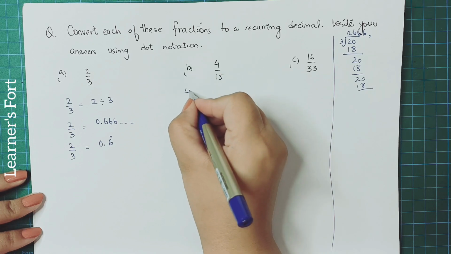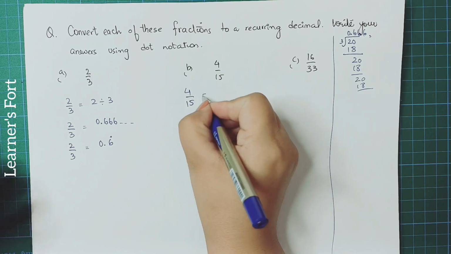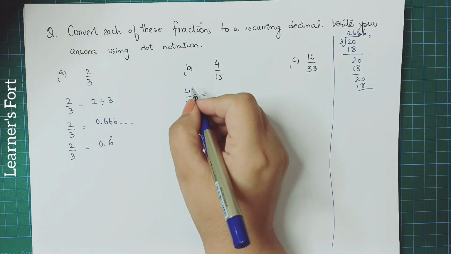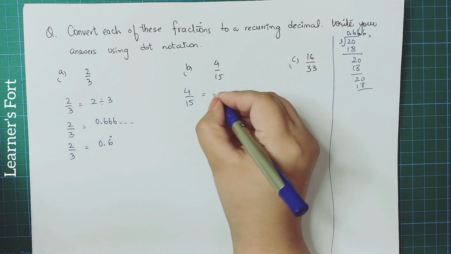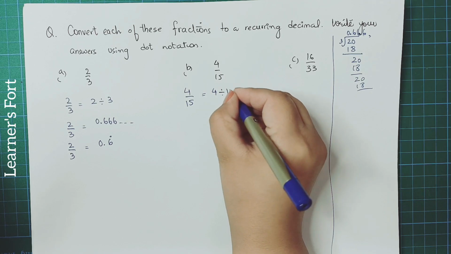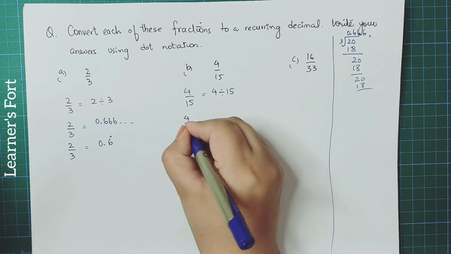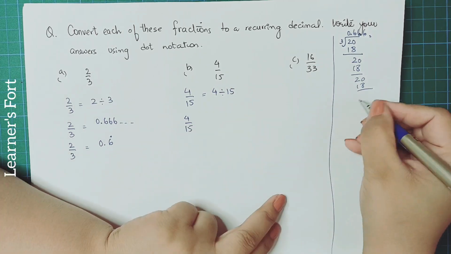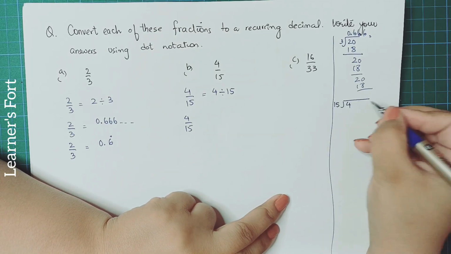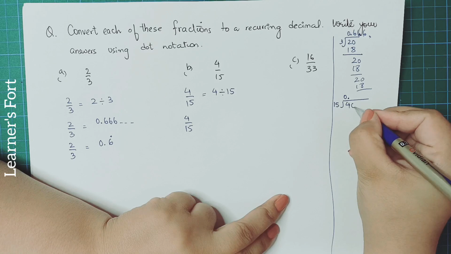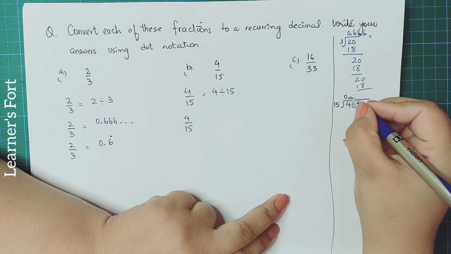Now the next one is 4 upon 15. Now for 4 upon 15, it means 4 divided by 15. Okay, so 4 upon 15 is equal to 4 inside, 15 outside. Now 0.0. So 15 ones are 15, 15 twos are 30, and 15 threes are 45.